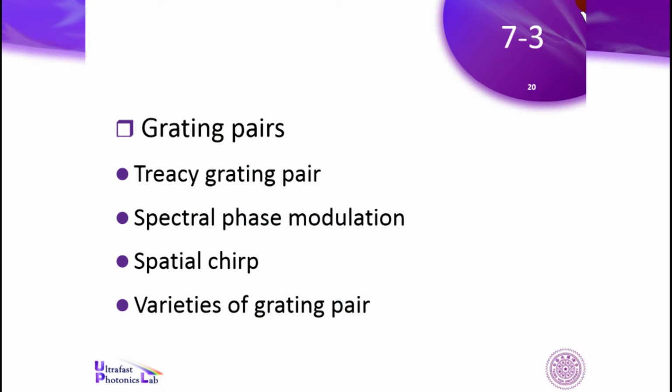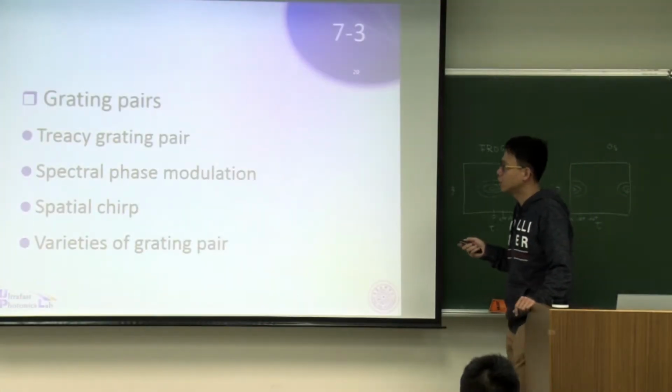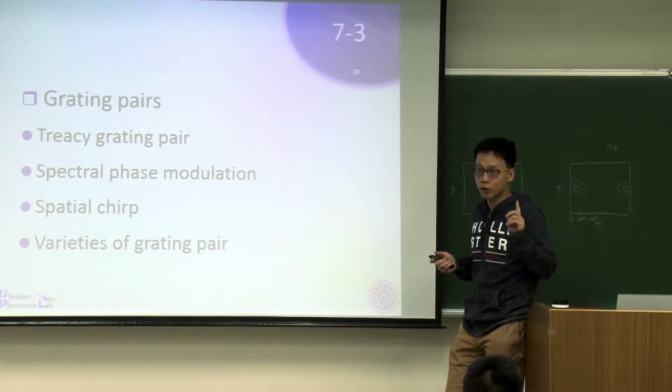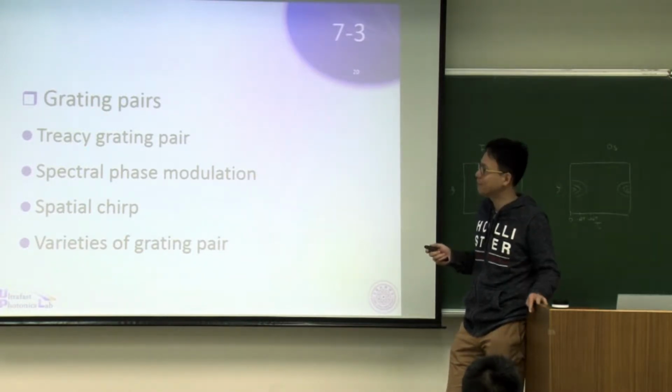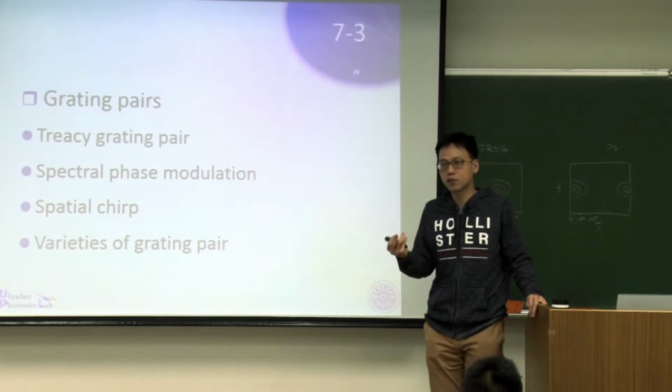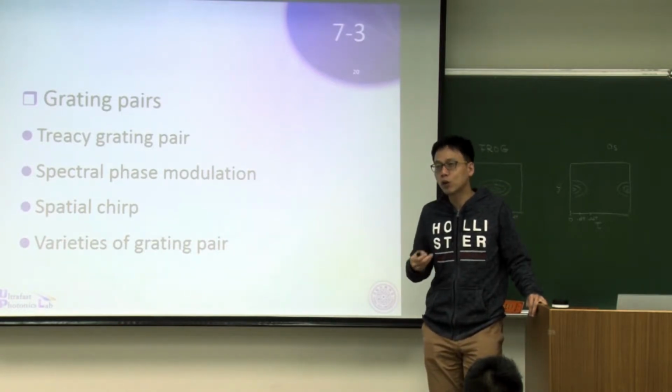Okay. Now we are ready to investigate the first type of dispersion compensator, the grating pairs. We will start with the model of the Treacy grating pair, not just one grating, but two gratings. And we will evaluate the resulting spectral phase modulation, because this is what we need, right?